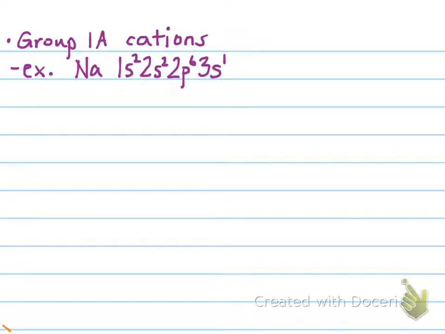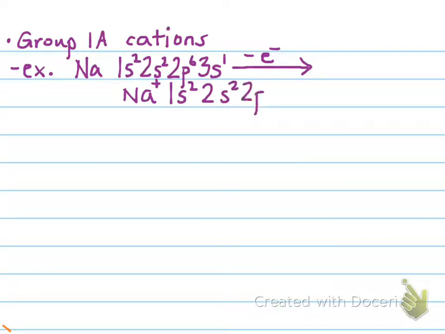And so that sodium atom is going to lose an electron and it's going to become a sodium ion, which has an electron configuration of 1s2, 2s2, 2p6, which, remember, is the same as neon.